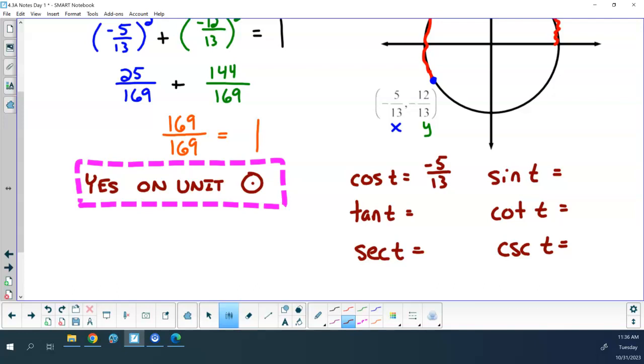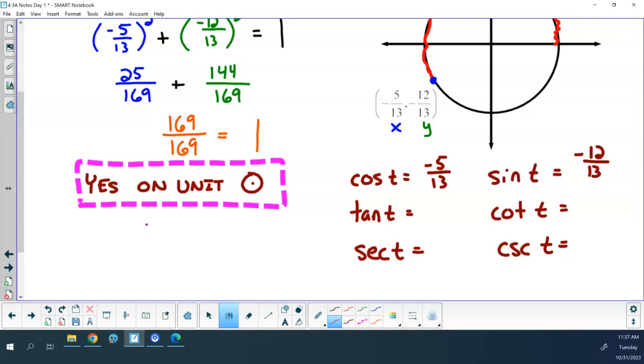Okay? What is the sine of t? Negative 12 over 13. What is the tangent of t? Might have to do a little extra math here. It's sine over cosine, right?